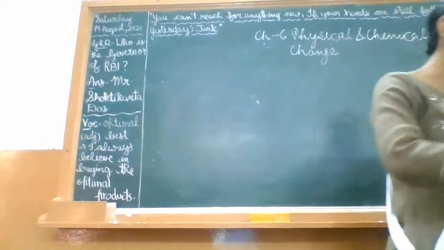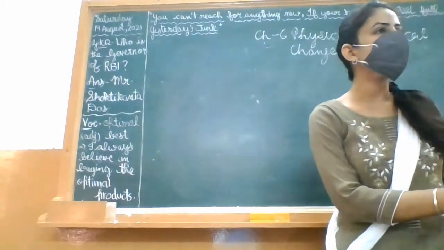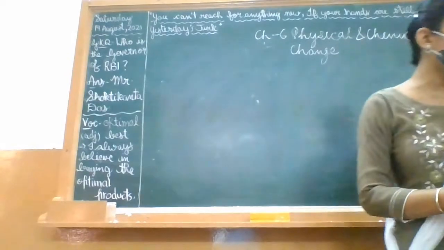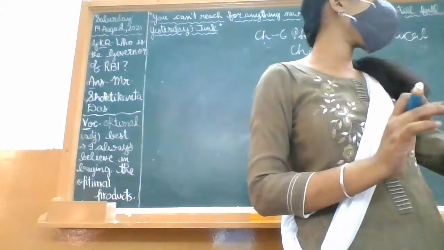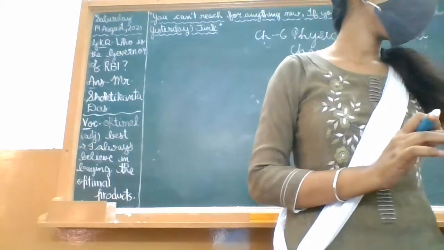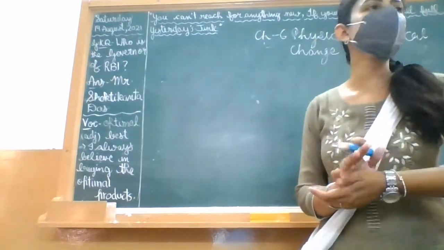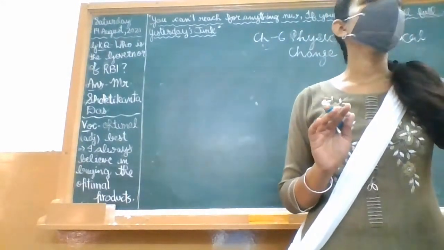Yesterday we did the experiment for the activity 6.6, 6.7 and 6.8. So in the activity 6.6, can you tell me, when magnesium reacts with oxygen, it produces magnesium oxide. Yes, last enough.